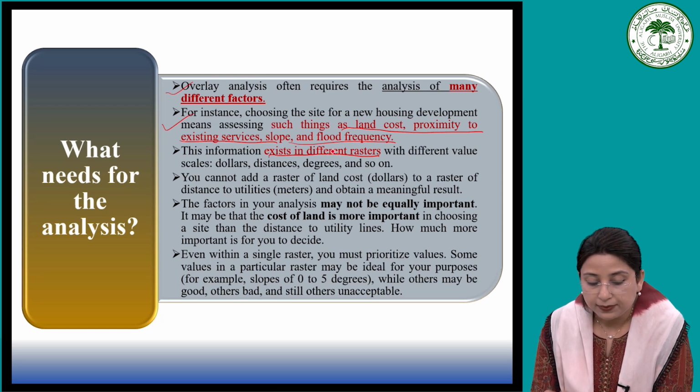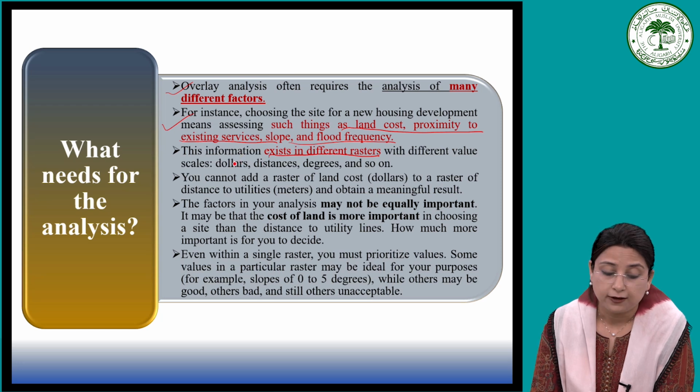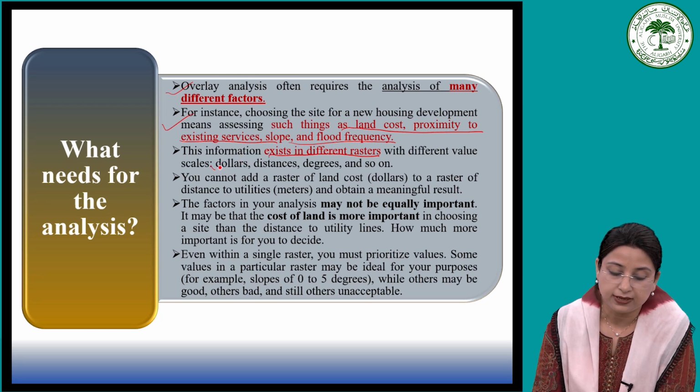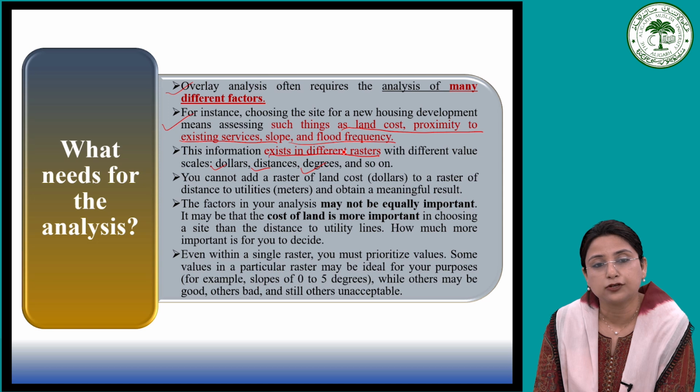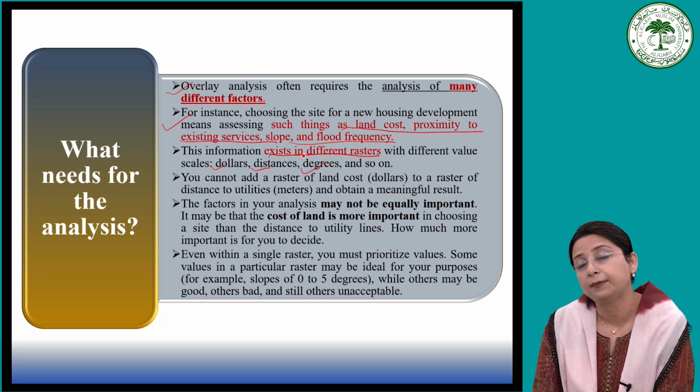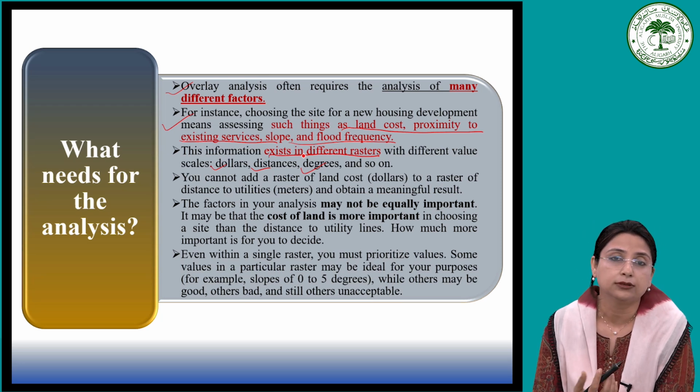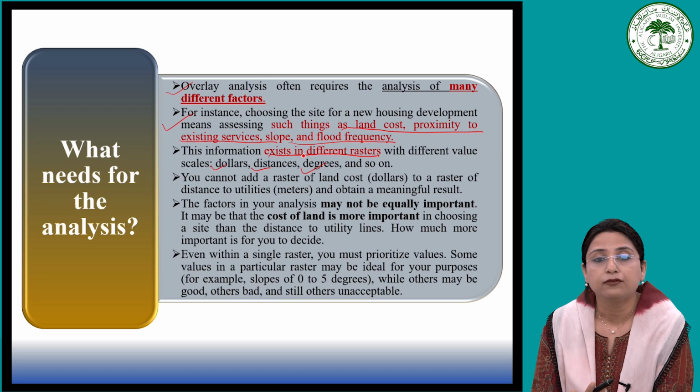It may be in terms of dollars, if you are talking about the cost, or in terms of distances, or in terms of degrees and so on. For example, if we are talking about assessing distance to different facilities and amenities, then we are talking about a factor regarding distance. If we are talking about the cost of a particular land, then we are talking about rupees or dollars. If we are talking about the slope, then we are mainly concerned with angles.